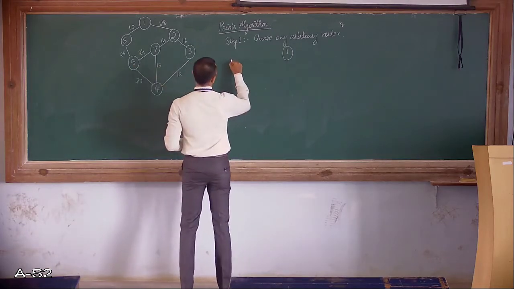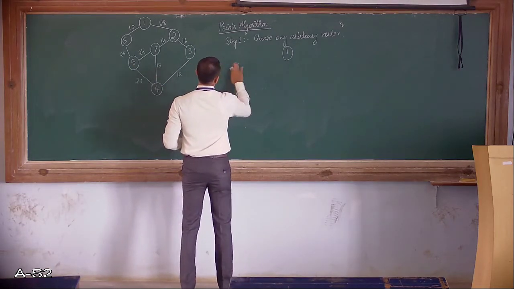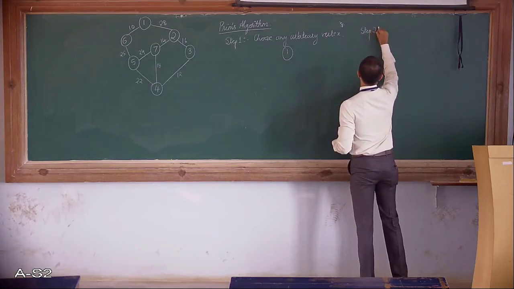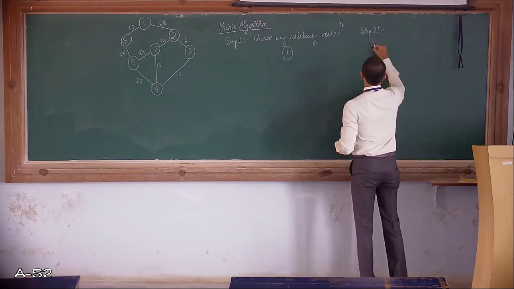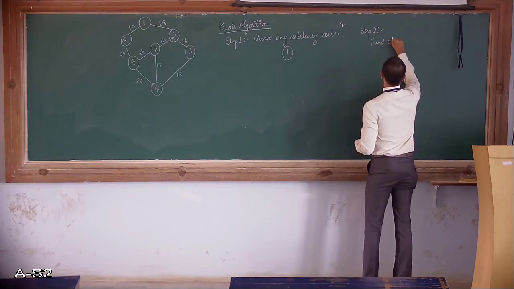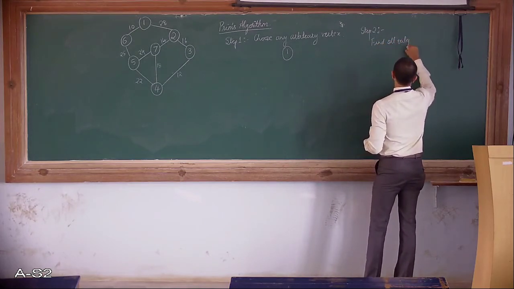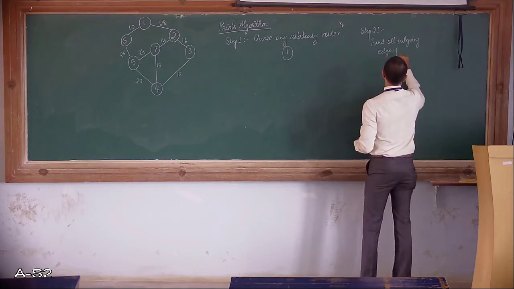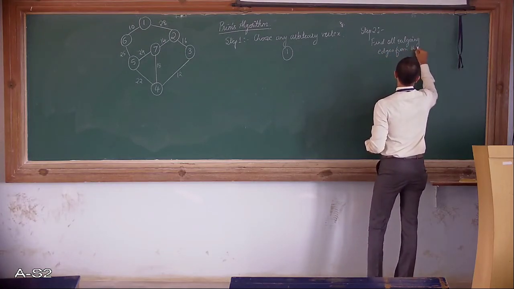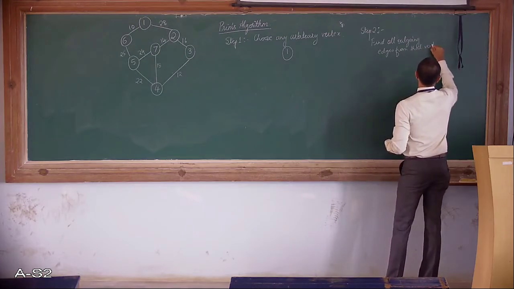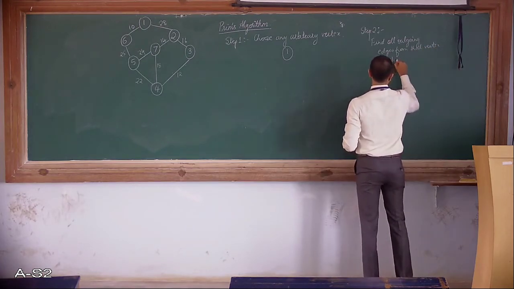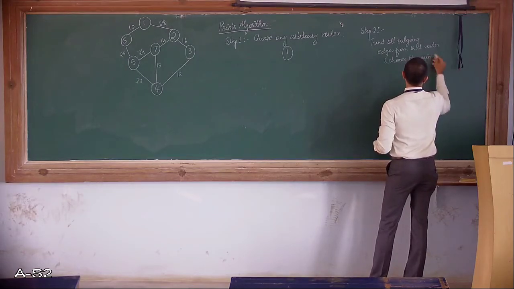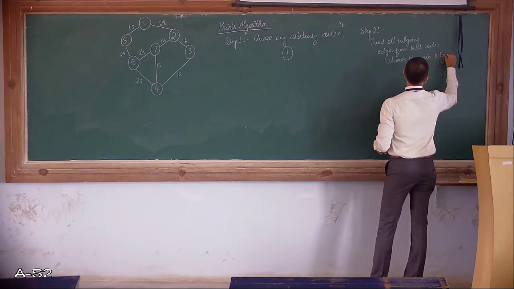Step 2: find all the outgoing edges from that vertex and choose the minimum edge, or the edge with the minimum cost.